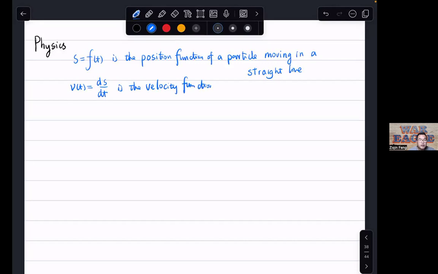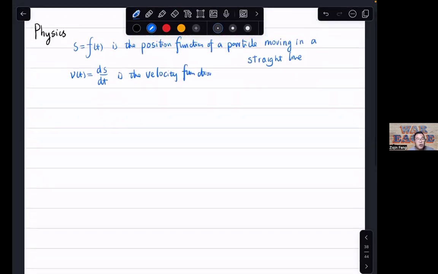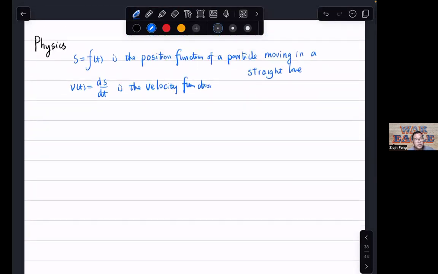If you differentiate more, the rate of change of the velocity is called the acceleration.